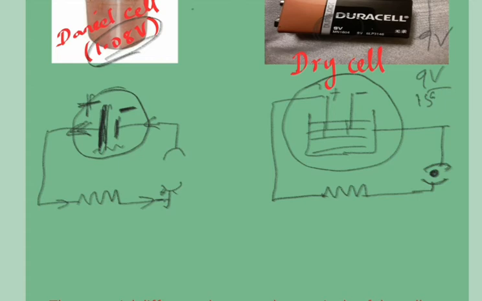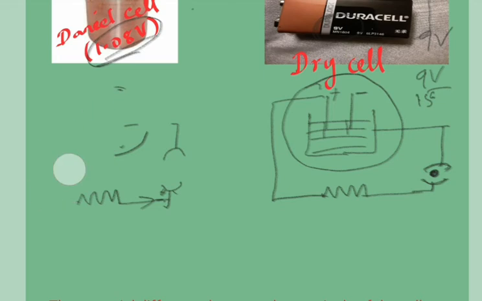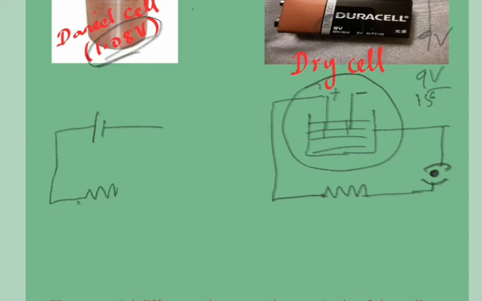So I will draw it once more. So we have the cell here, then we have the resistance or any device, maybe a bulb, maybe any device. Okay, so this is our device, and we are giving a voltage. Positive is there, negative is there.